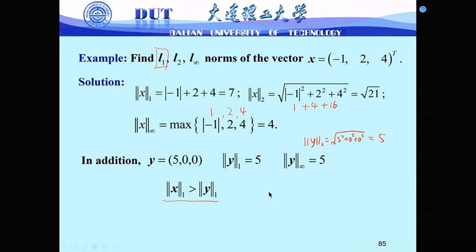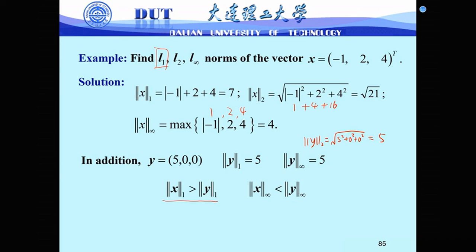But if you choose the infinity norm, then you see the infinity norm of x is 4, and 4 is less than 5. So in this case, the infinity norm of x is less than the infinity norm of y. Now you see, you obtain different results.